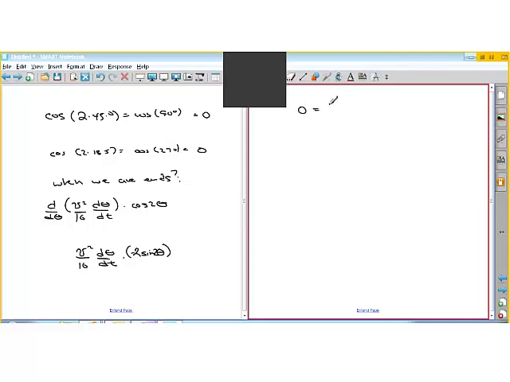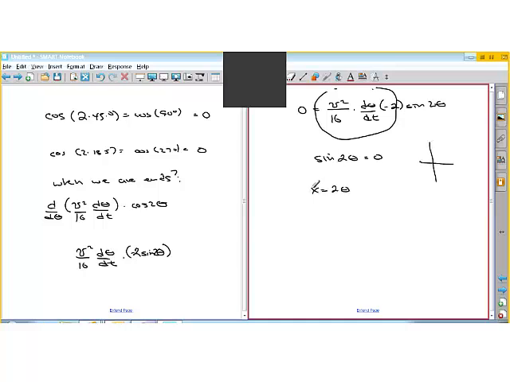So I'm setting the first derivative equal to 0. And it turns out all this stuff here is a constant. So ultimately, the minimums and maximums are going to occur when the sine of 2 theta equals 0. Let's call it w just to use a different variable, so I'm just substituting it in.